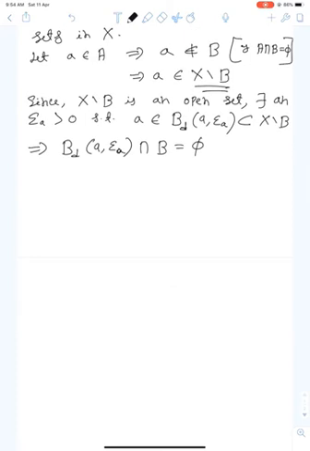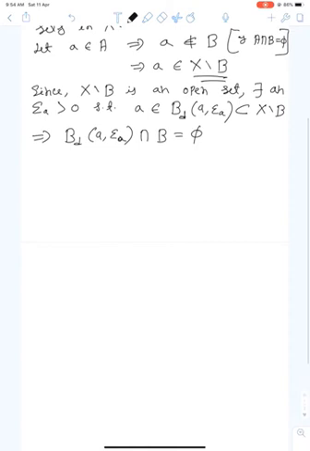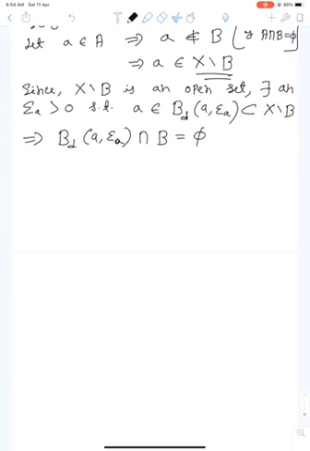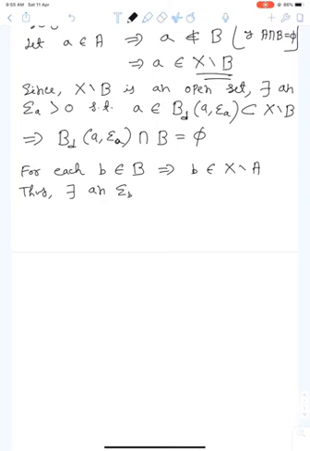Now similarly, for each b belonging to B, we know that b belongs to X minus A. Therefore, there exists an epsilon, say epsilon_b bigger than 0, such that b belongs to that ball B_d(b, epsilon_b), which is a subset of X minus A, right?